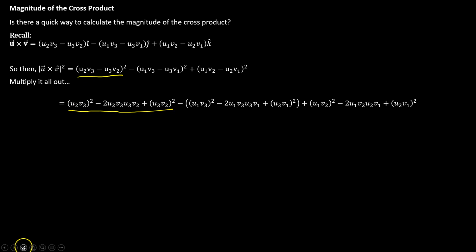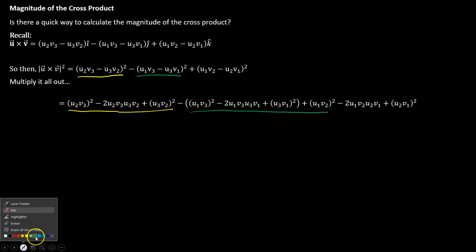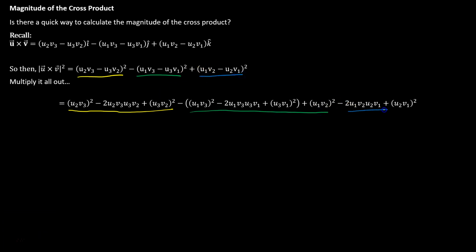Multiplying out our second group of terms, we see that result here. And then our last group of terms, we see that result here. Oops, I underlined too much over here. I really like green, so I guess I took it too far.